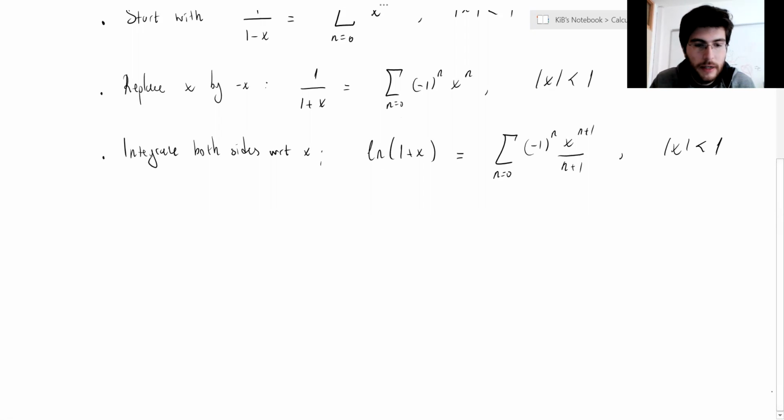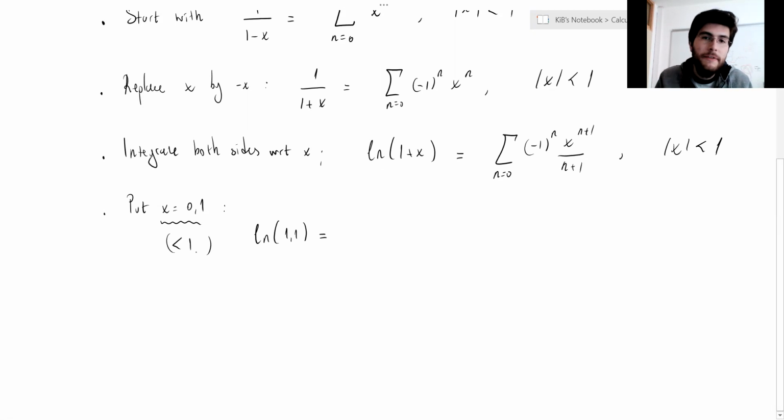Fine, so we are done actually. This is our expression. Now just put x equals 0.1. If you do this, since of course this is less than 1, we can use it. On the left-hand side, of course you can substitute. On the right-hand side, you can substitute, but we don't know the equality here. But equality holds. Why? Because 0.1 is less than 1.